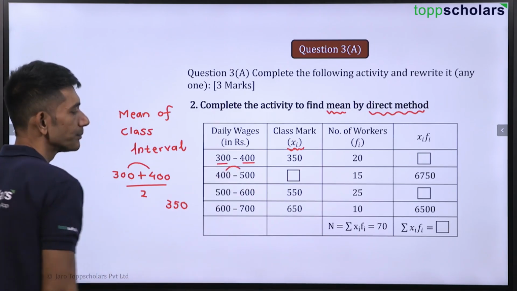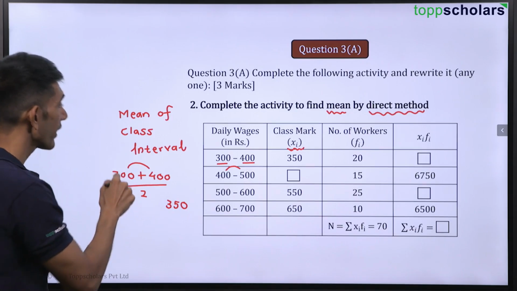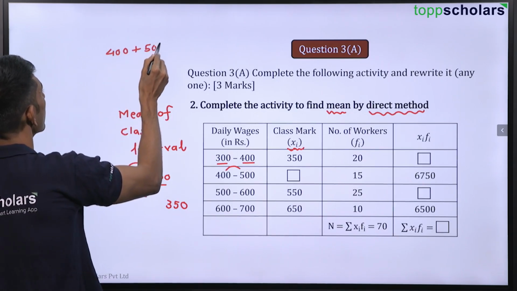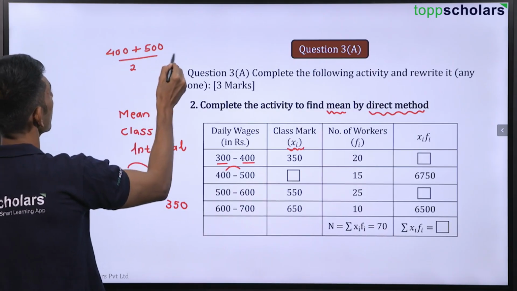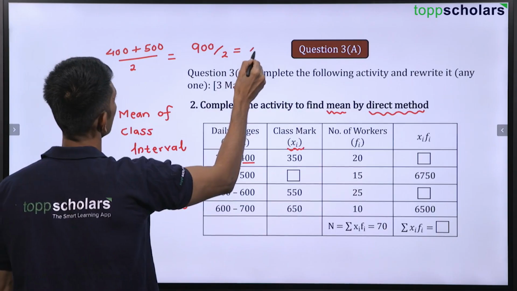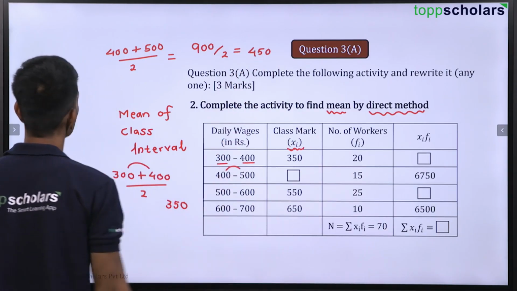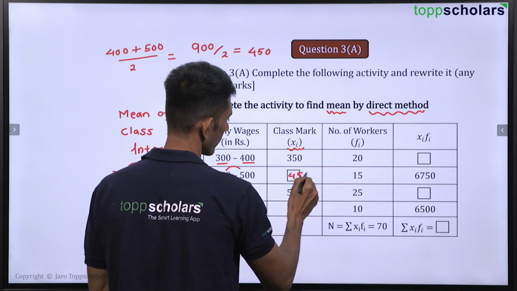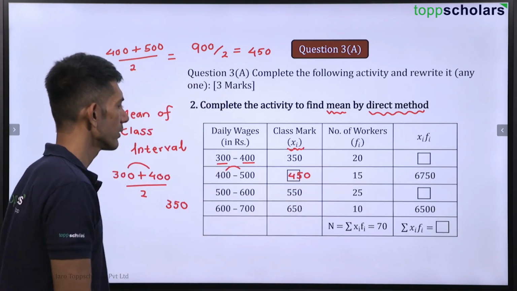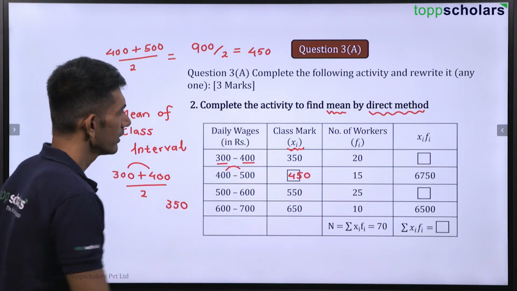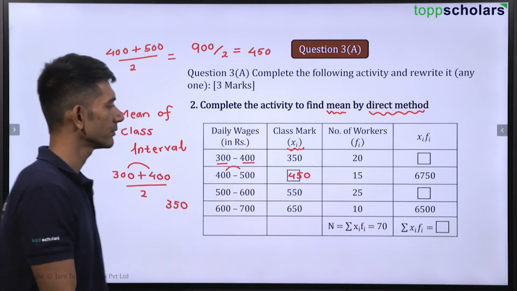Then here 400 plus 500 divided by 2, that is 900 divided by 2, that is 450. Then this is 550, this is 650. Correct? This is the number of workers.